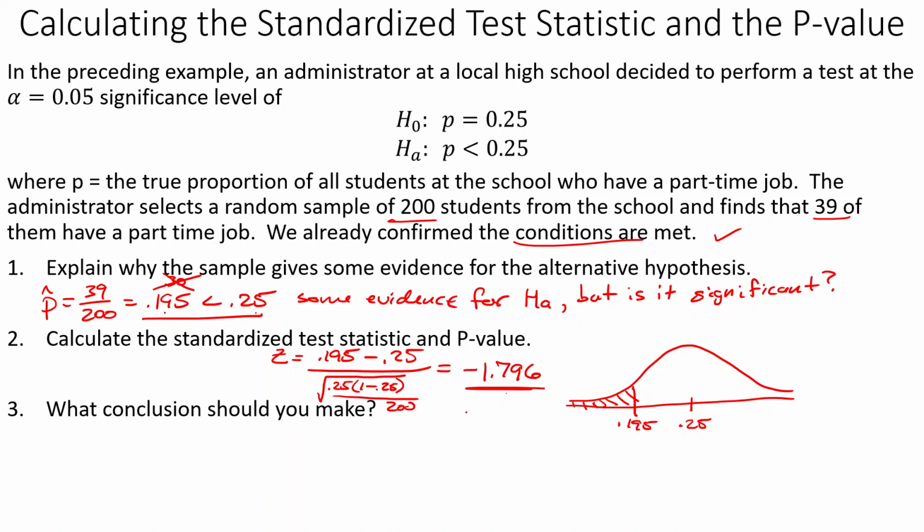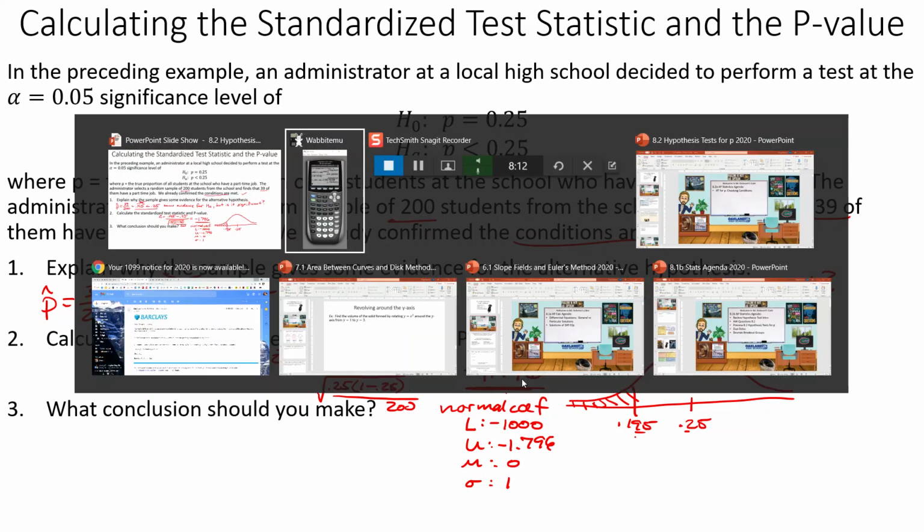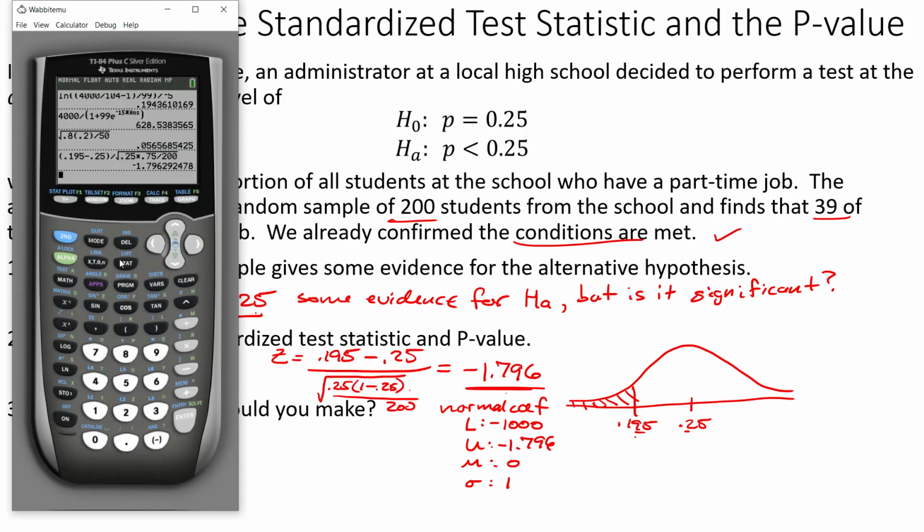So we can just use normalcdf with a lower bound of something really small, like negative 100 or negative 1,000. Our upper bound would be negative 1.796, our mean would be 0, and our standard deviation would be 1. Or we could use the original data and standard deviation and do the same thing in the normalcdf, but we've already got the z-score, so let's just do it that way.